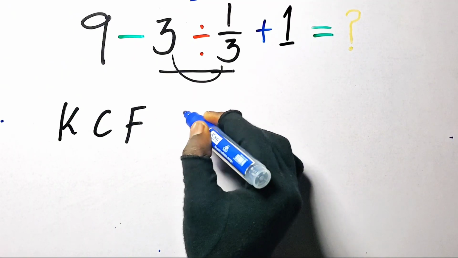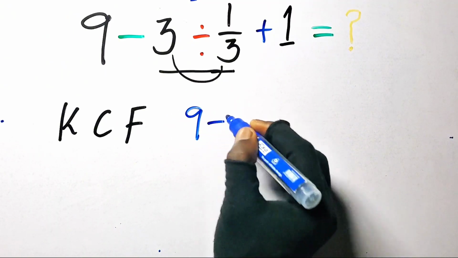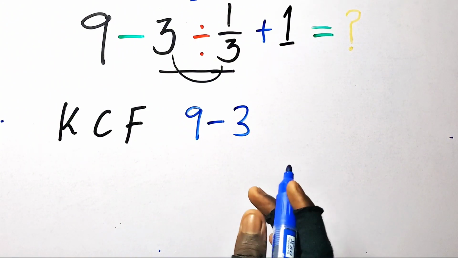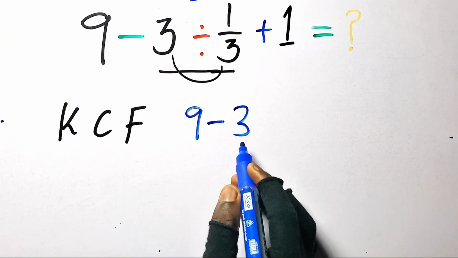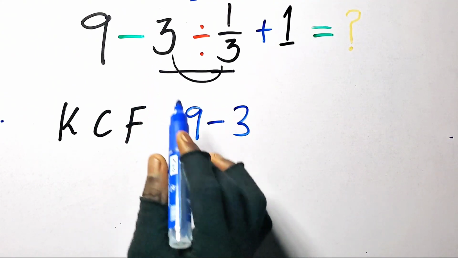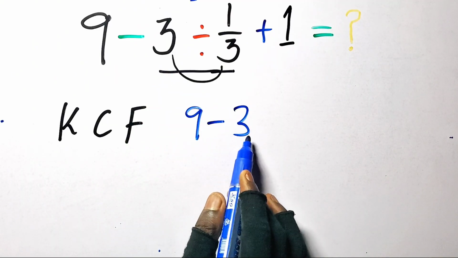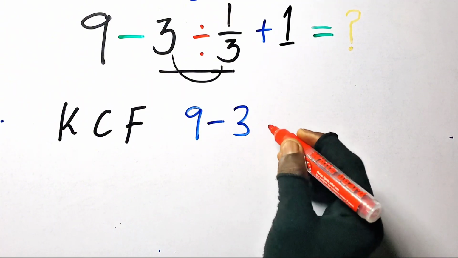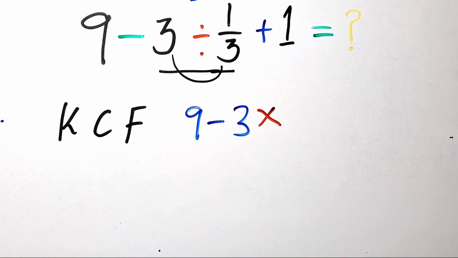Now the equation is 9 minus 3. Then keep the first number, that is 3. Then change the division sign to multiplication.